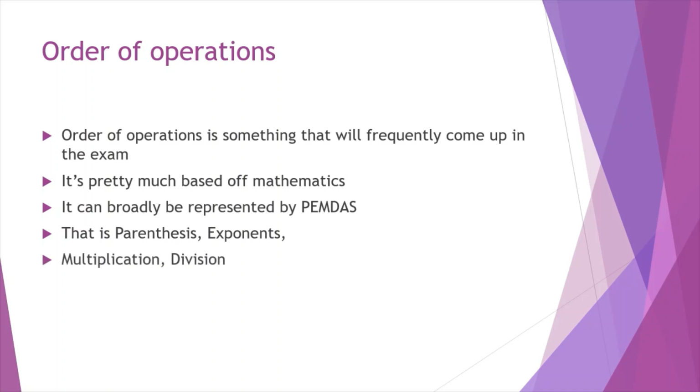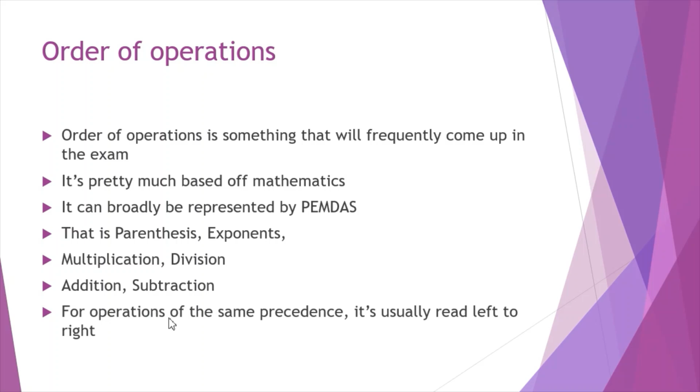Then we go for multiplication and division, and these are on the same level. And then addition and subtraction also on the same level. So you basically have 3 different levels here. You have the parenthesis and exponents on one level, multiplication and division on the other, addition and subtraction on the other. And I'm just going to go through a couple of examples with you right now.